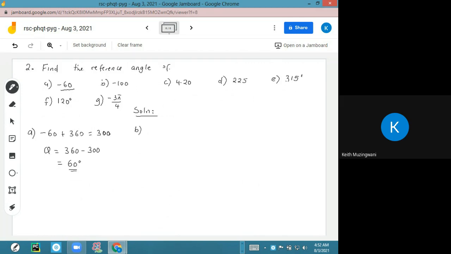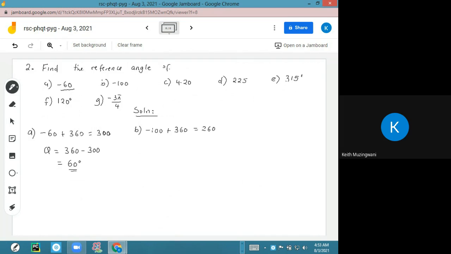You go to B, negative 100. The temptation here is, just because for negative 60 we got 60, you begin to think that for every negative, you just throw the negative and make it positive. Let's see what happens to negative 100. It's negative again, so we first add 360. It becomes 260.